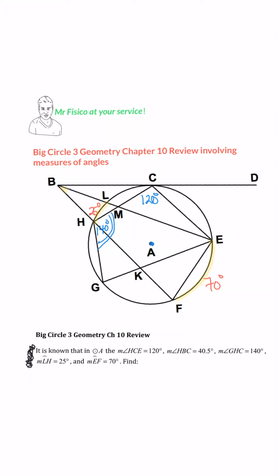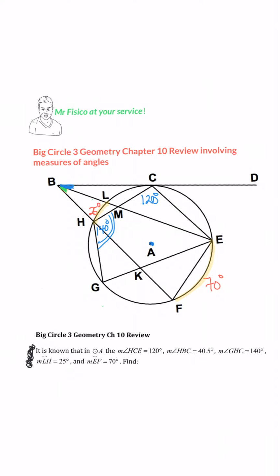Let us make use of the information provided to us. This is arc EF and given to be 70 degrees. And this other arc is arc LH and 25 degrees. And therefore, I can take the difference to find the measurement of this particular arc, okay? Since the angle is outside the circle, then that's half the difference theorem. 70 minus 25 is 45 degrees.